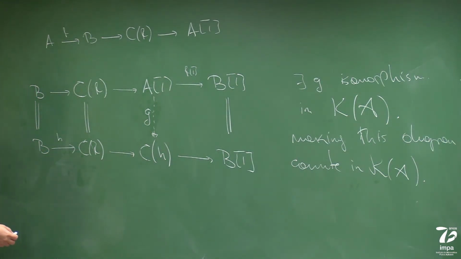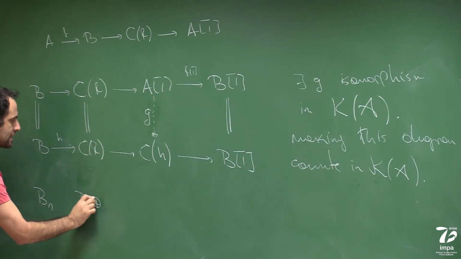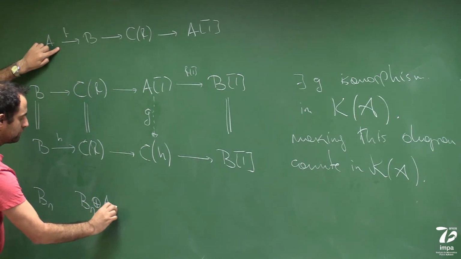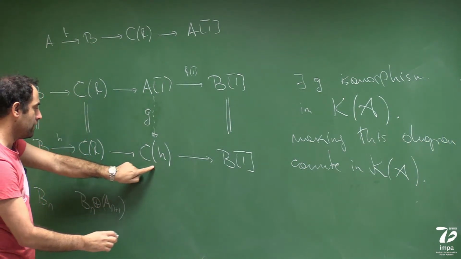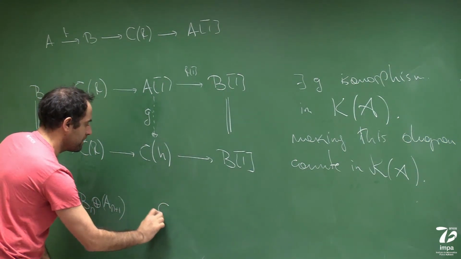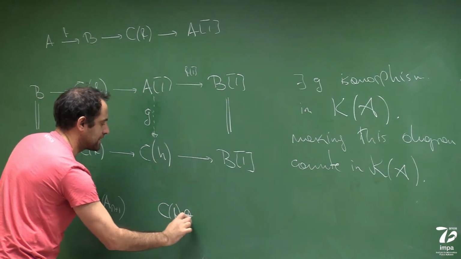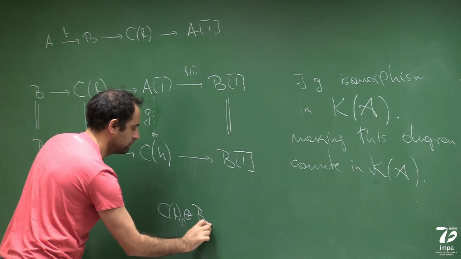of complexes. Okay, so this guy here in degree n is Bn. This guy here in degree n is Bn plus A n plus 1. And this guy here in degree n is therefore the cone of f in degree n plus B in degree n plus 1.